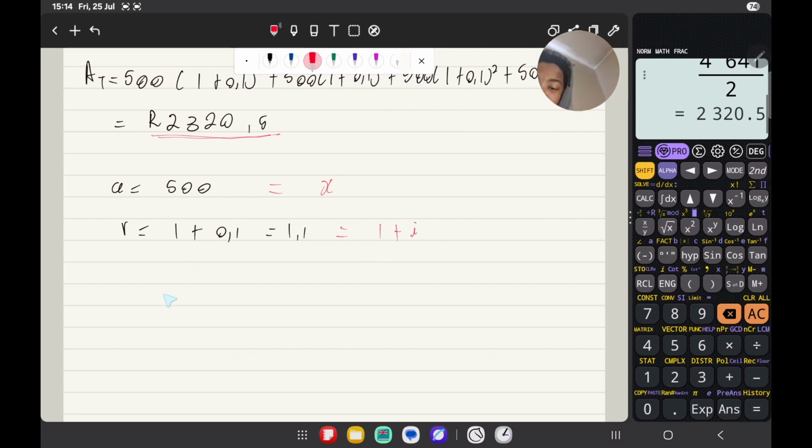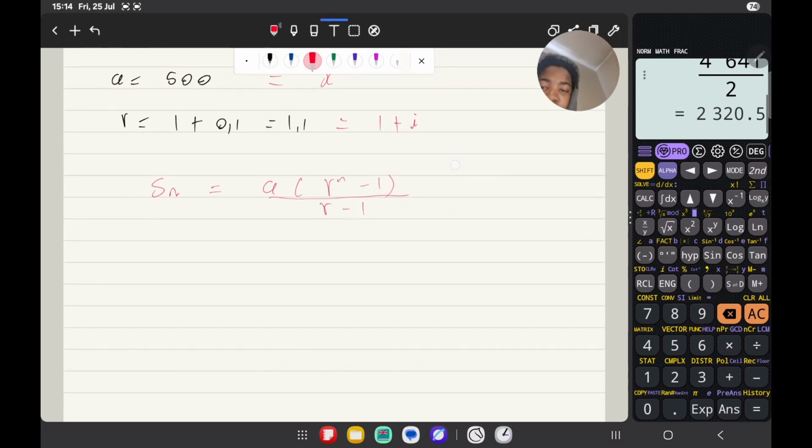And we go to the formula. The formula says the sum of n terms is A into R to the n minus 1, over R minus 1. So what happens is our Sn, let's make it F for future value, is going to be A, that is just X, and then R, which is 1 plus I, to the power of n, then minus 1.